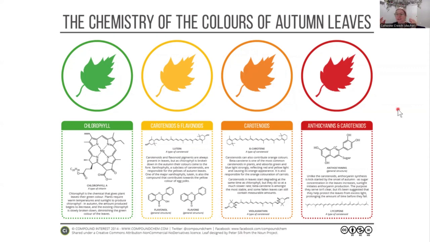The reason that your leaf is breaking down its photosynthetic pigment, and why they will eventually fall off the plant, is because in winter, water becomes unavailable. You might be like, but it rains and snows. But as soon as water freezes, it's unavailable to the plant. And in the leaves, there are these little tiny holes called stomata. That's where your plant breathes from.